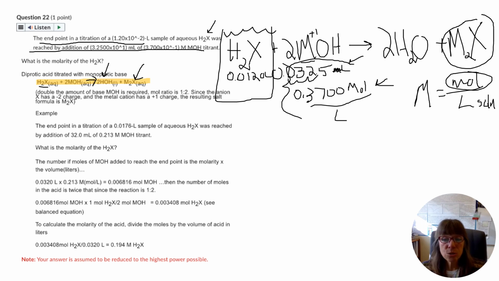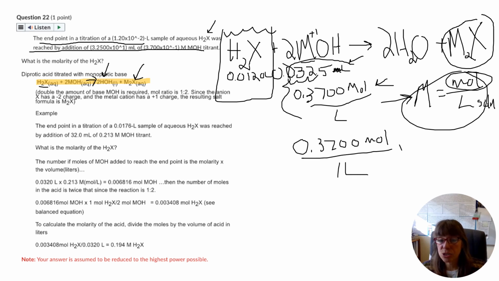So what do I need to do to these things? I can just put them in here, and now I have 0.3700. Now I personally like to teach this more as a dimensional analysis idea, because this is moles per 1 liter. And say I forgot this relationship over here, I could just multiply this by the number of liters, 0.0325 liters, and see my liters cancel out.